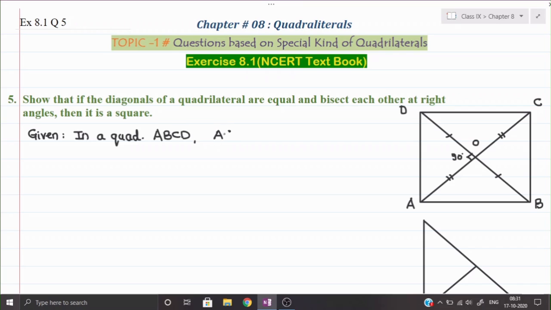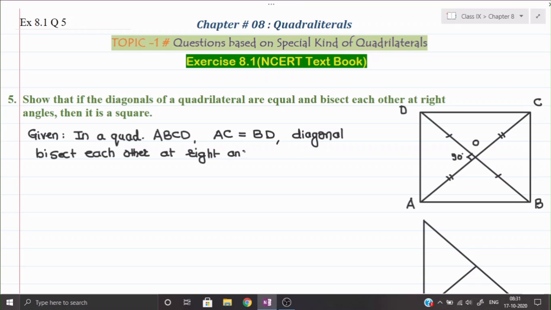First of all, we shall talk about the diagonals: diagonals AC and BD are equal, comma, diagonals bisect each other at right angles.